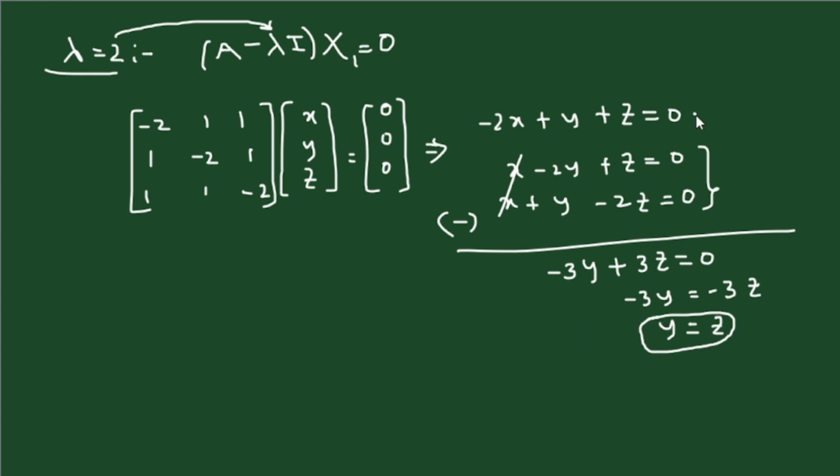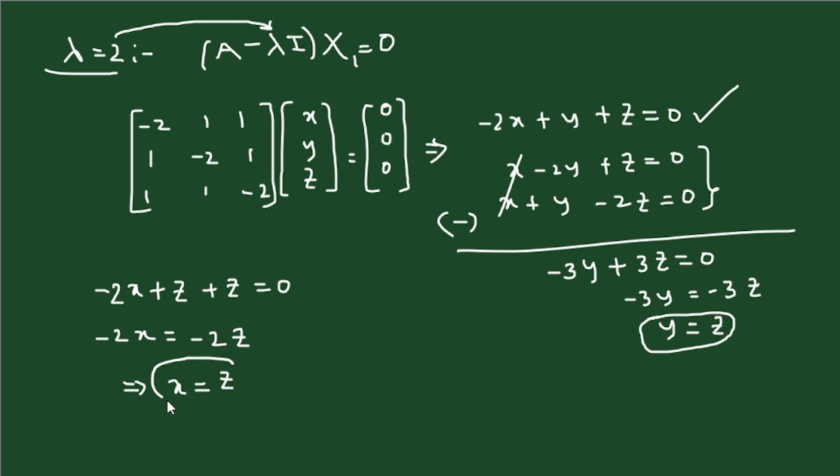You put y equal to z in the first equation, what will you get? Minus 2x plus z plus z equal to 0. So minus 2x equal to minus 2z. Again, we are getting x equal to z. So y equal to z and x equal to z. The two variables x and y depend on one variable z.